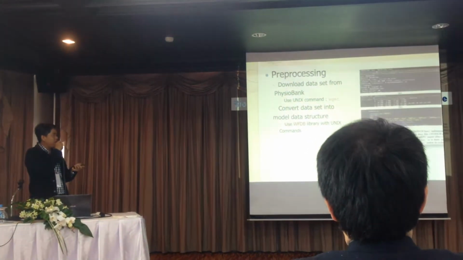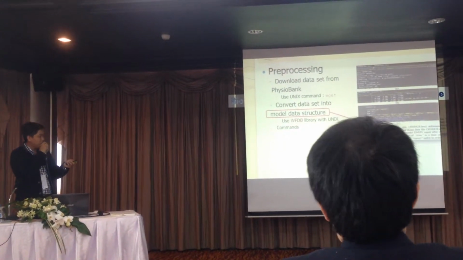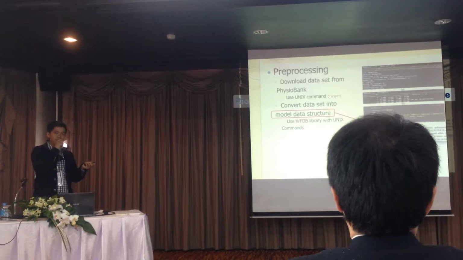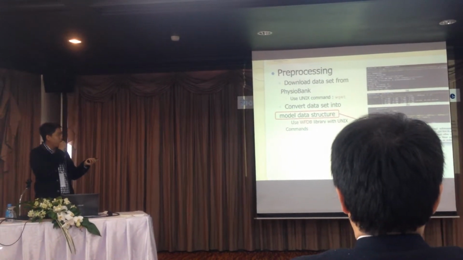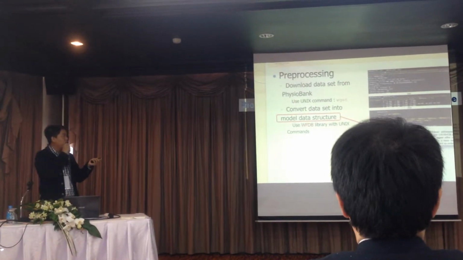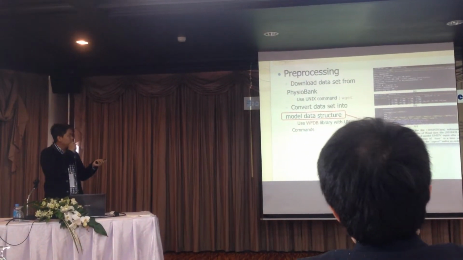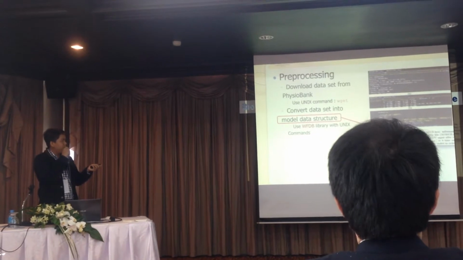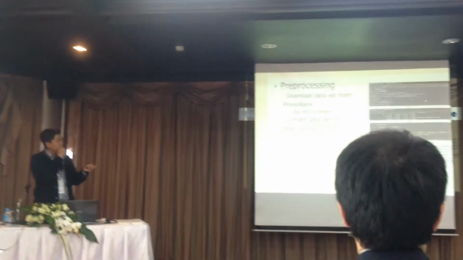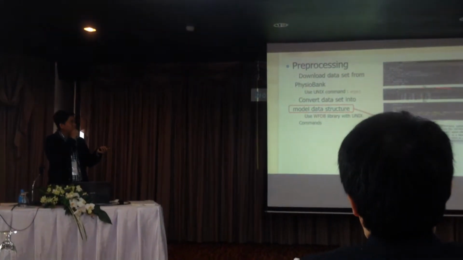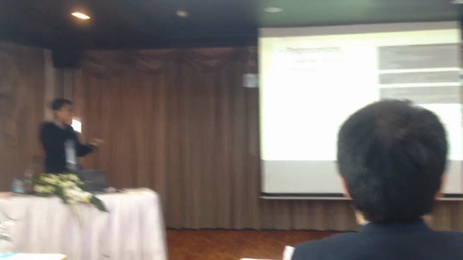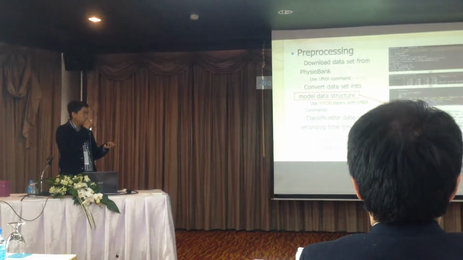And then we convert the data set into the model data structure as we saw in the figure, or you can see in my full paper, by using the library of the Visual Toolkit from Visual Bank 2. It is called WFDB, and we use some Unix commands to change the string values of the file to our data structure.